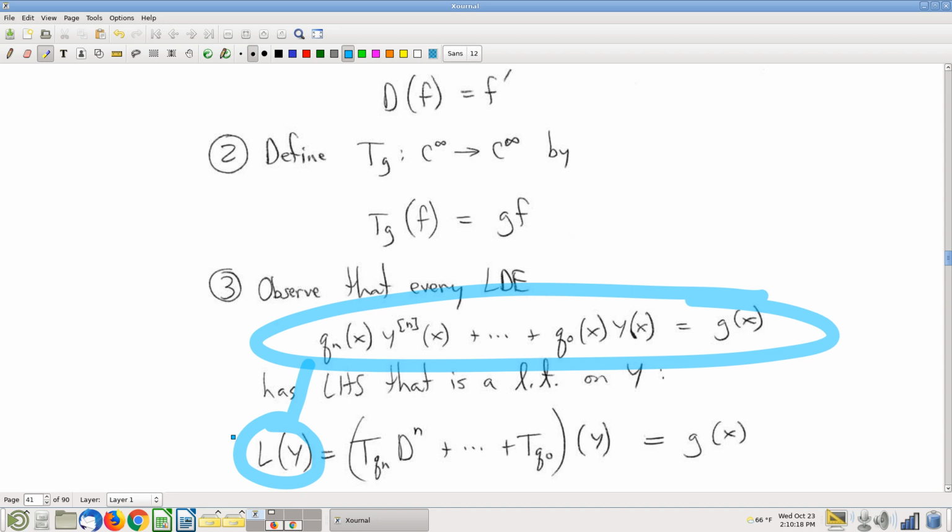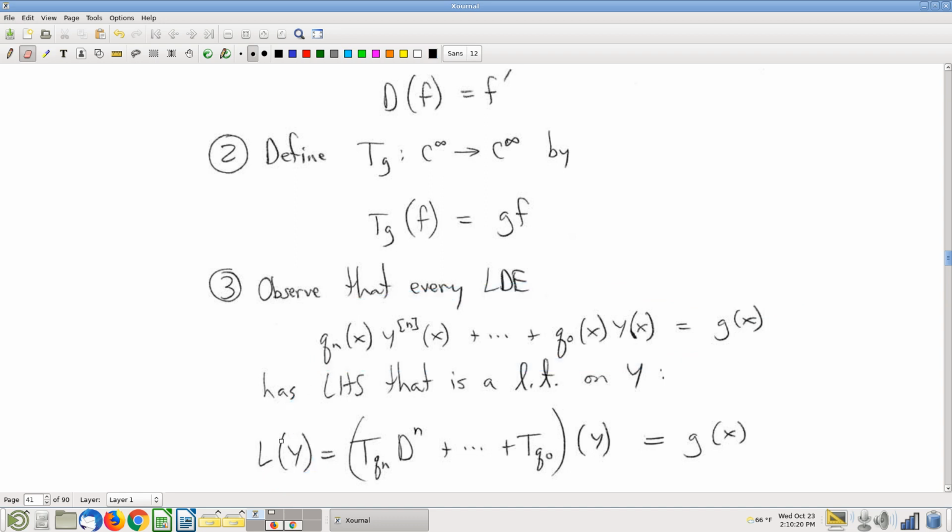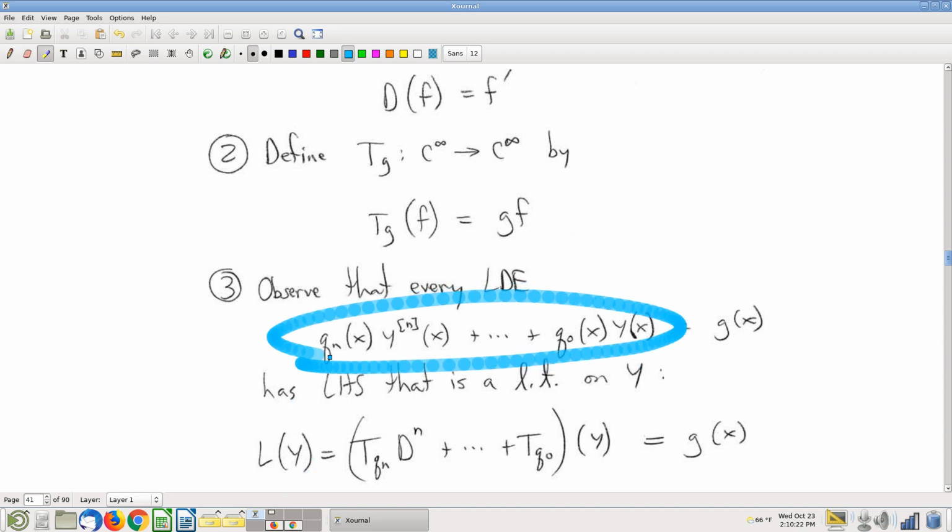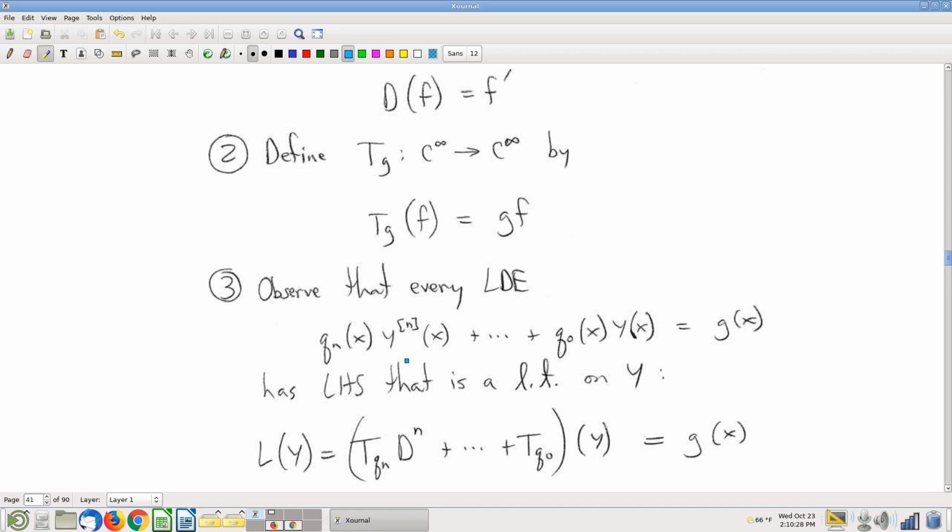But the observation I want to make here is a much stronger observation, and that is that not only is this linear, but this is something that comes out of D and T. So specifically, this linear transformation L is made up out of D's and T's exactly like this. And this is something you can confirm for yourself immediately.